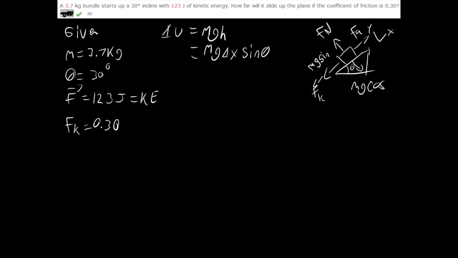And energy loss due to friction is just going to be Fk times delta x. Fk is going to be the friction coefficient times mg cosine theta, times the change in x direction.